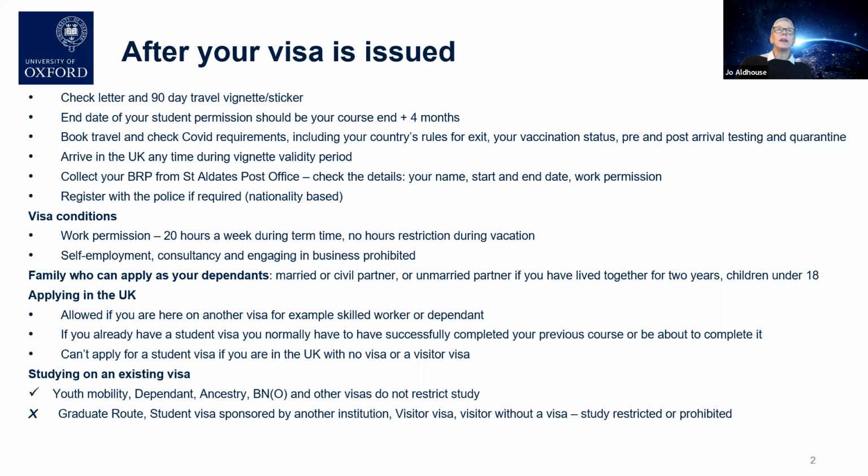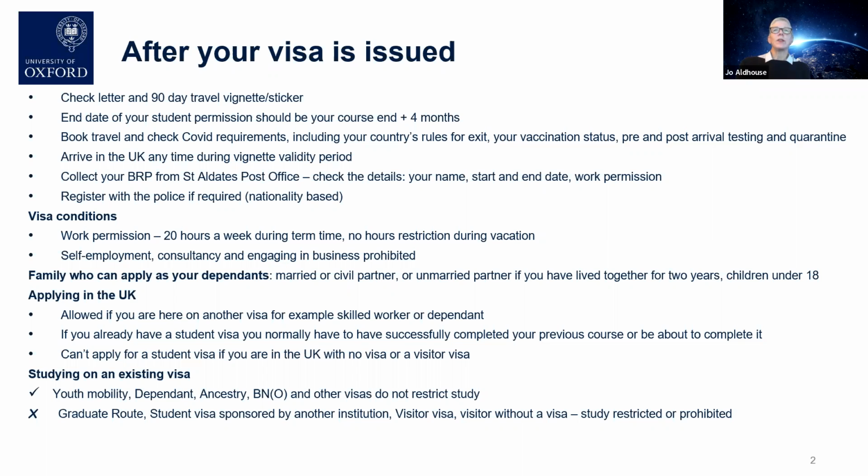Okay, so UKVI always say don't book your travel until you have your visa in place. Now, I don't know how realistic that is. Some of you might have to book your travel before you've got your visa, but in which case, if you do book your travel, do apply for your visa in very good time.